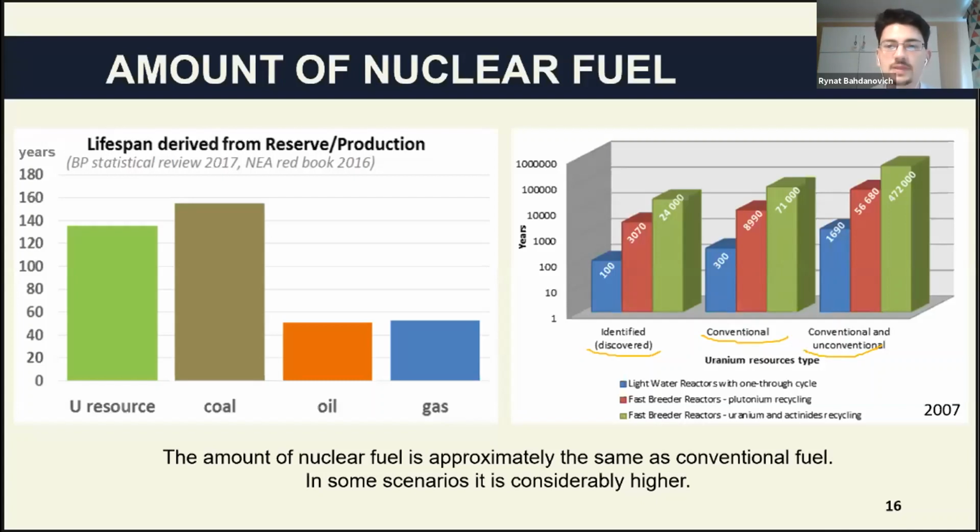Seawater has a large potential for uranium production. However, the concentration of uranium in it is only around 3 parts per billion. Hence, 300,000 tons of water is required to obtain 1 kilogram of uranium.